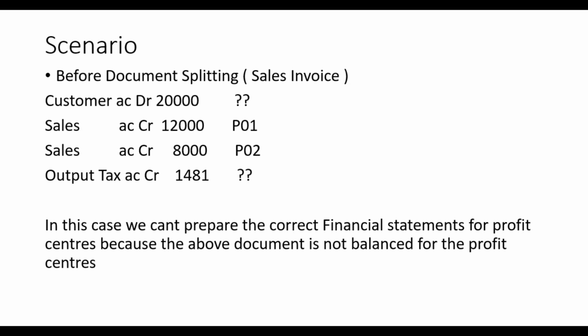Assume that this particular customer is purchasing goods, or we are selling to the customer from two different profit centers, so profit center wise we are recording the transaction. The customer I'm going to debit 20,000, sales revenue credit 12,000, and P01 is my profit center.